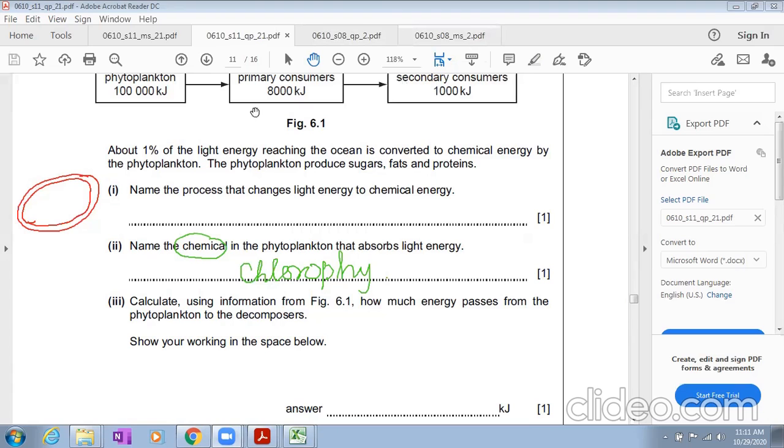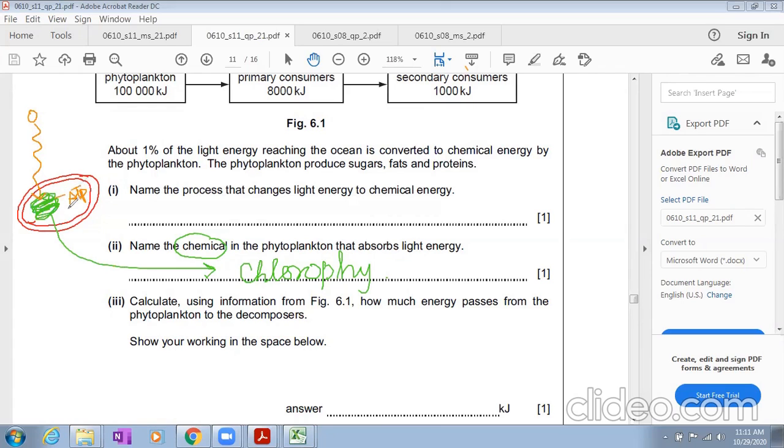In the chloroplast, this green pigment is present in a part called grana. In the membrane of the grana, this chemical is present, and it is called chlorophyll. Chlorophyll absorbs sunlight and converts it into ATP.